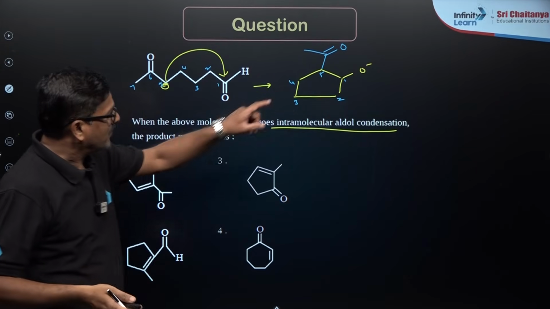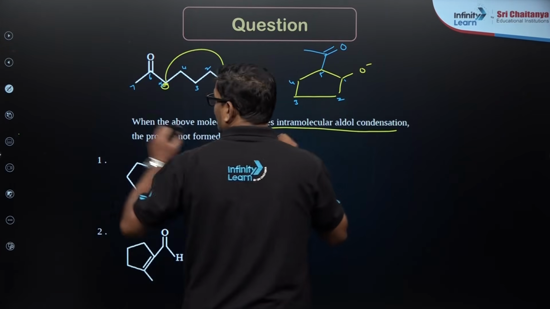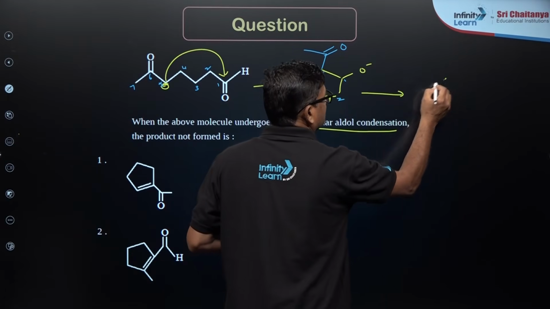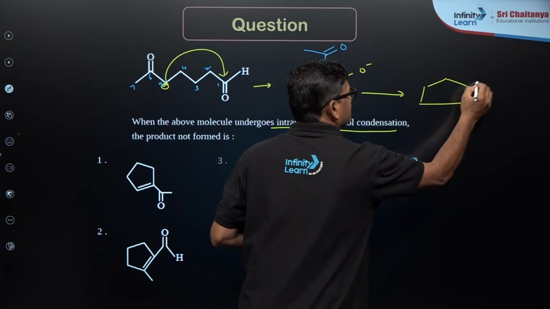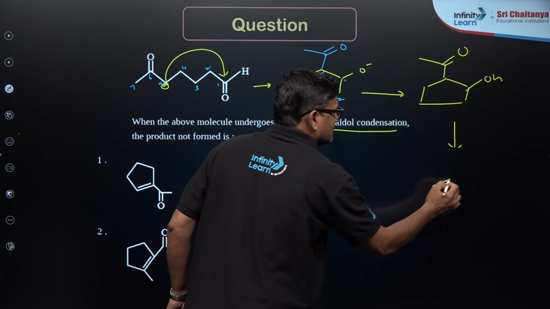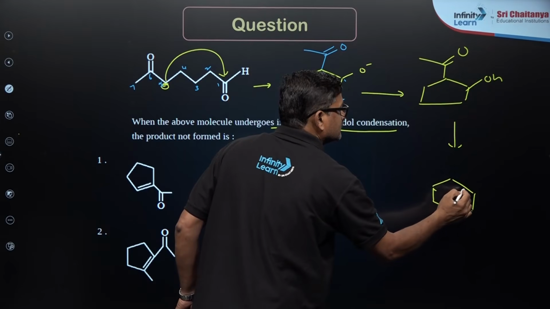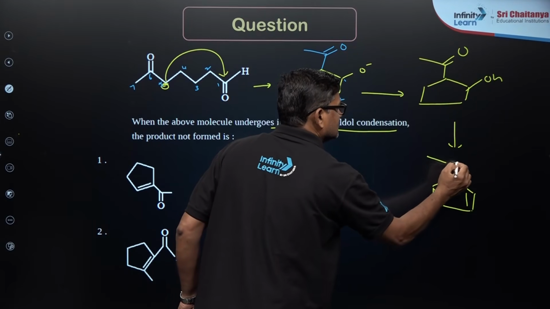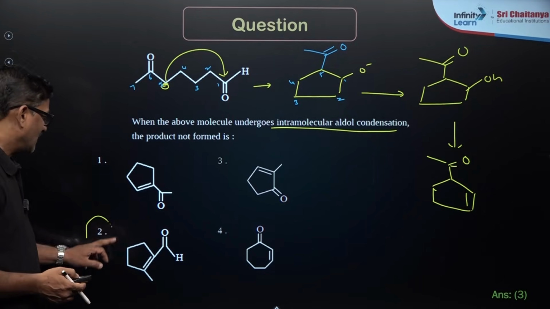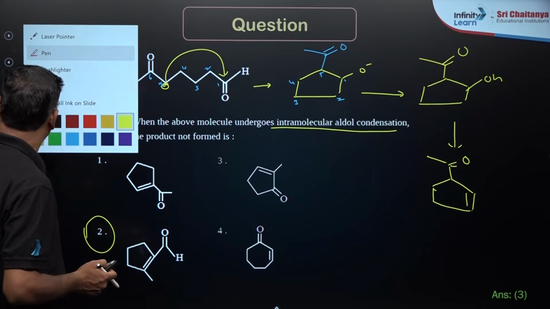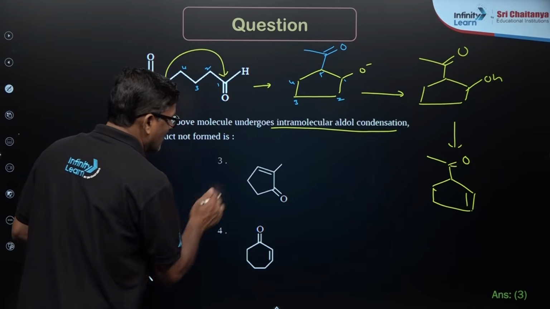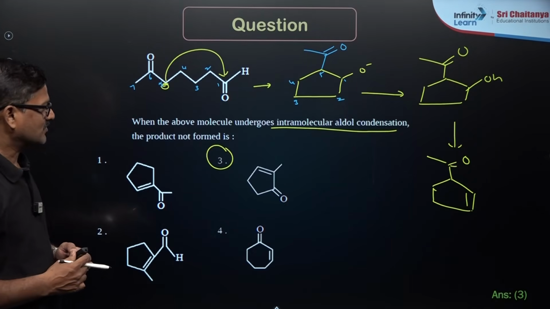So it forms enolate here and it gives you hydrolysis and later on it is on heating. This structure like this. Option 3 is going to be the correct answer for this question.